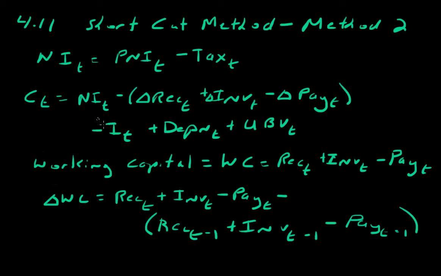Okay, so we can think about this cash being calculated in 4 steps in method 2. We have the formula here, but I'll just break that down into words.